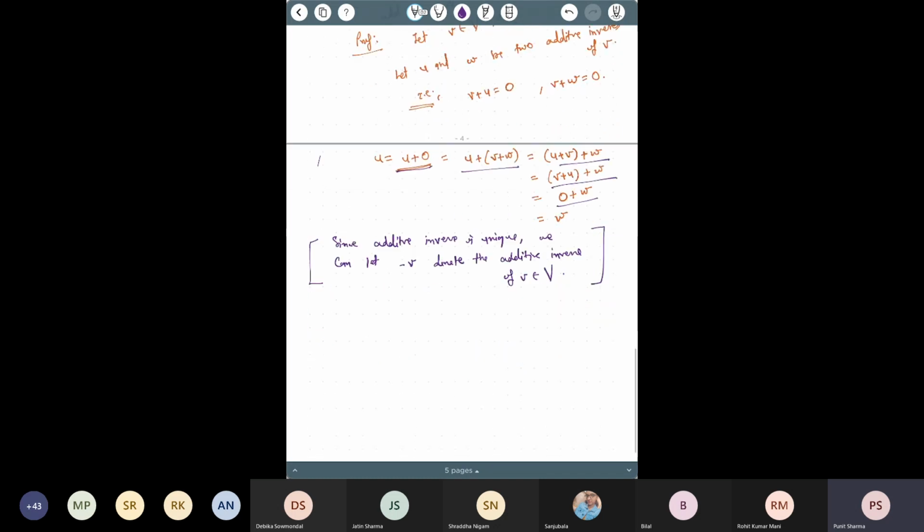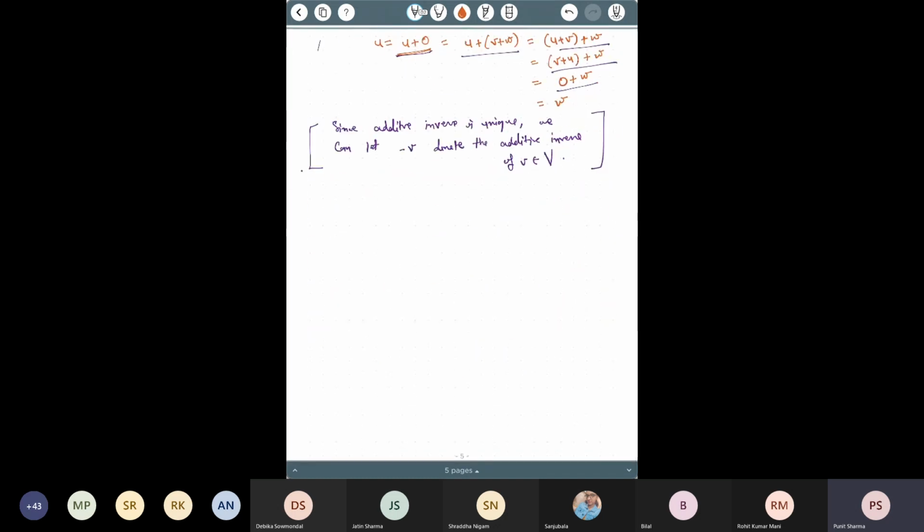Okay, so let's prove the next easy, simple property. If I multiply the 0 element of the field to any vector v, then it gives me the 0 of the vector space, the additive identity of the vector space.